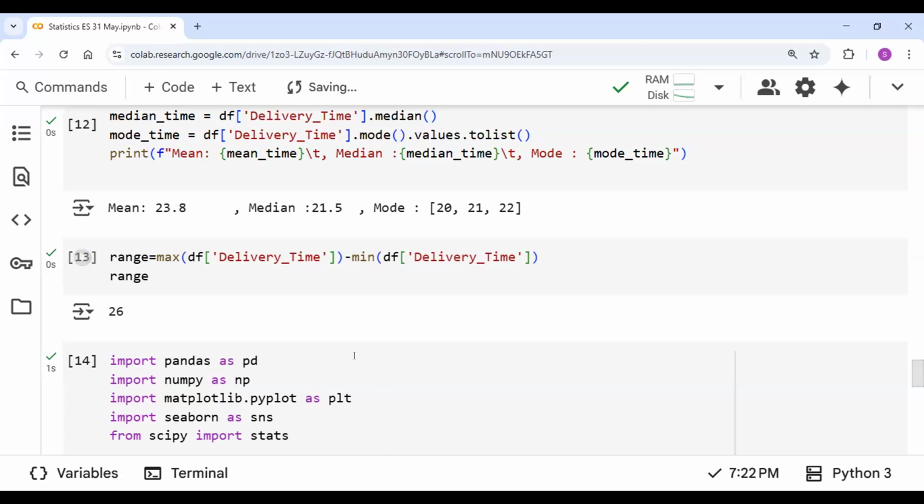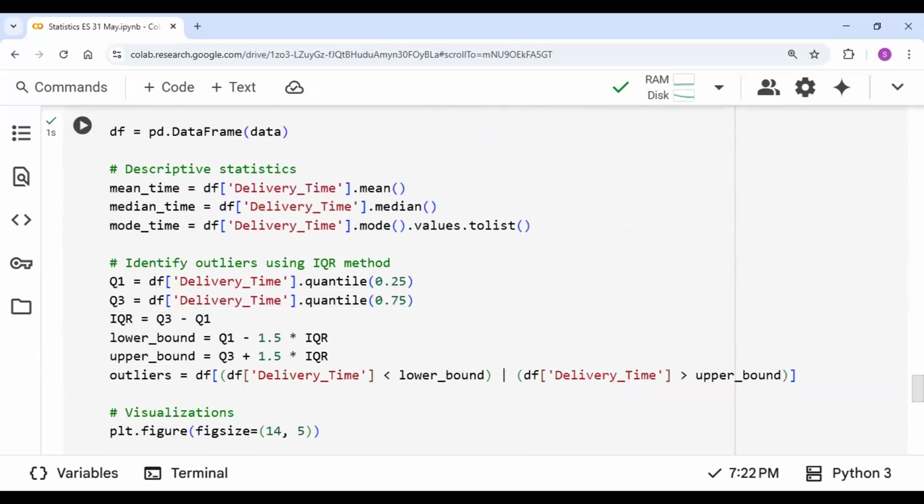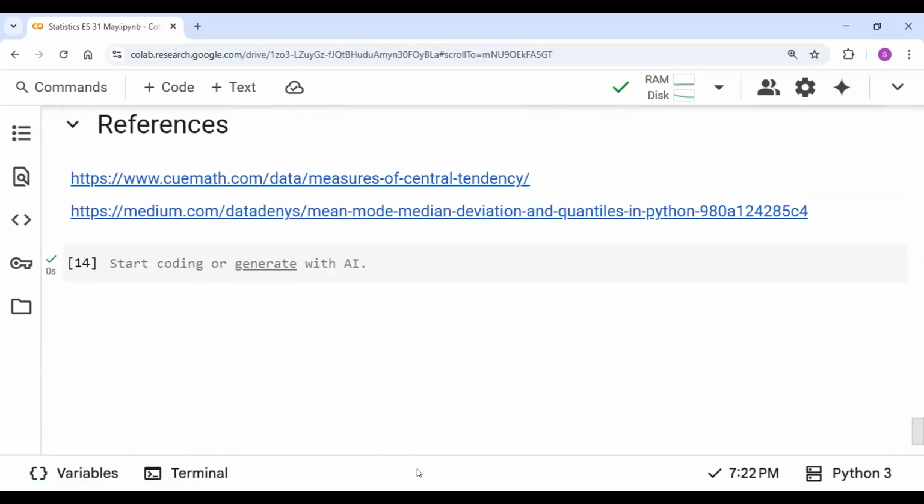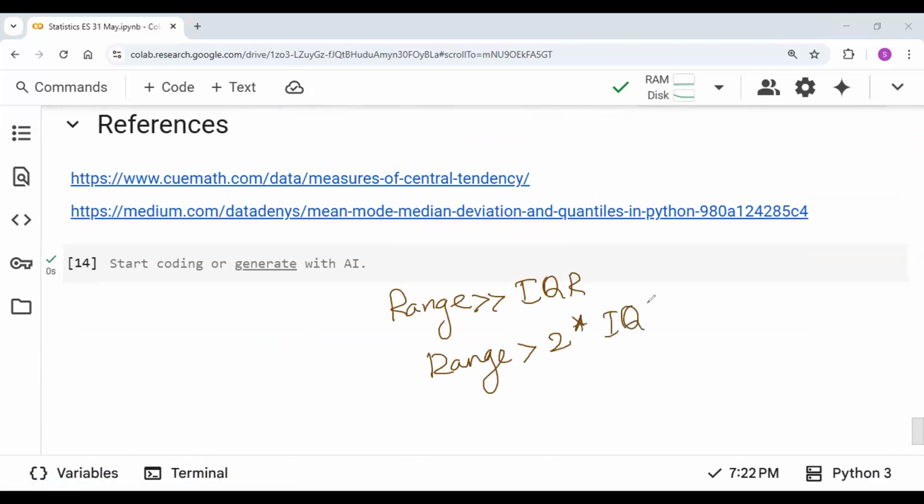You do have a thumb rule. In order to interpret this range, you have a thumb rule. So what is the thumb rule? Either you can compare with the IQR, right? So if the range is greater than 2 times the IQR, then actually the data is inconsistent.